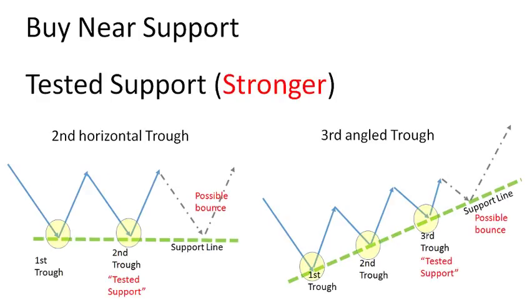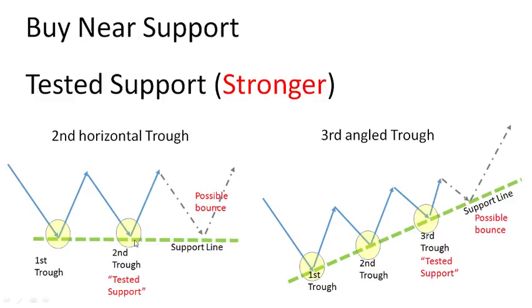Okay, there's a stronger support after you have identified the support area using horizontal and two troughs. Once a support is tested, it becomes stronger. So, dun sa example natin kanina na you know that this could be a support, the first trough.